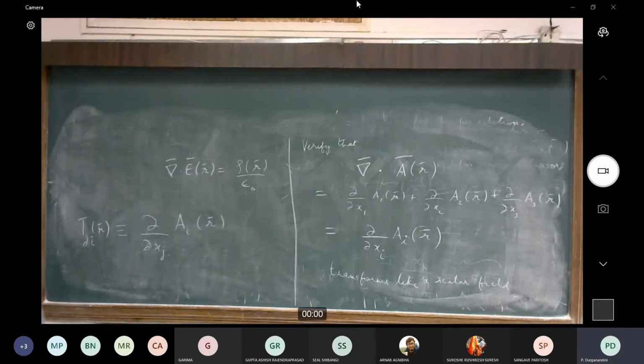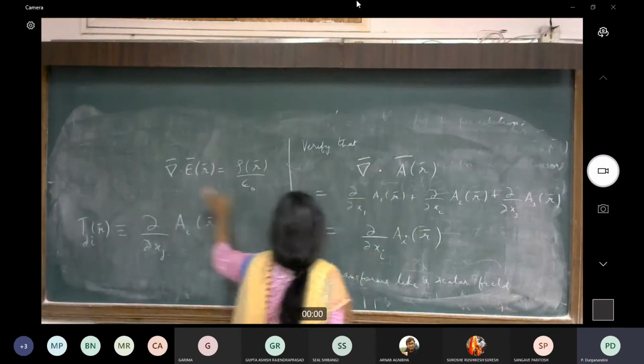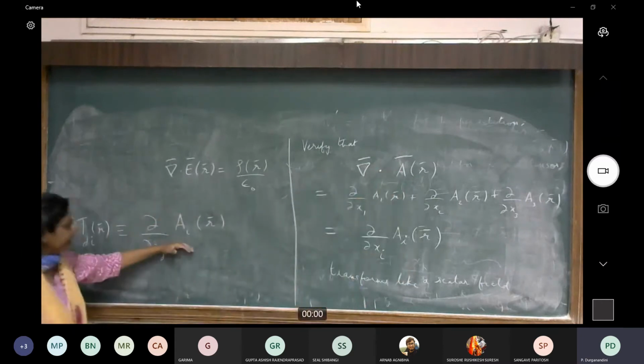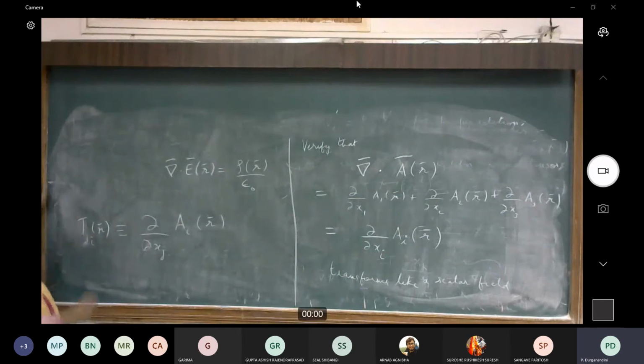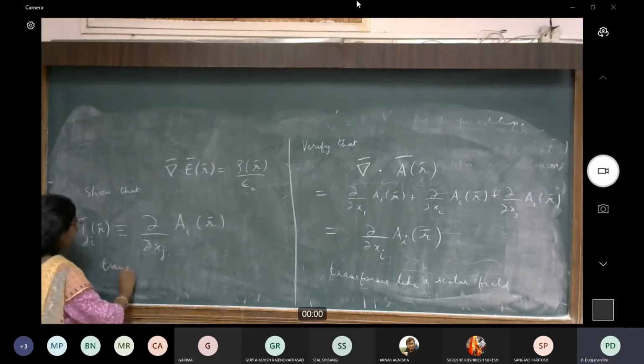Where I took the divergence, I constructed from the vector field a scalar quantity. Here now I'm taking the gradient of my vector field, and now you can show that this transforms like so. How should this transform? What do you expect it to transform? It transforms like a tensor or a tensor field of rank two.